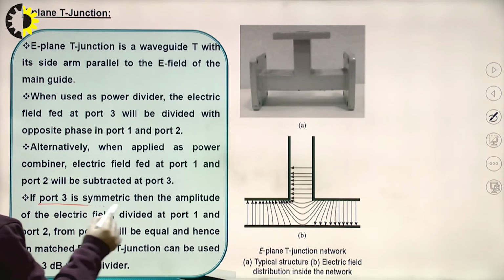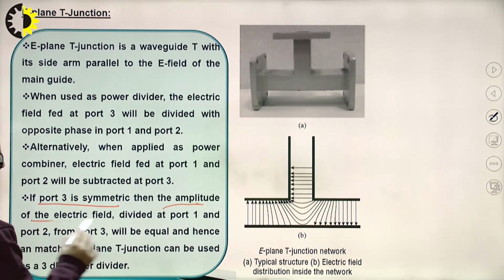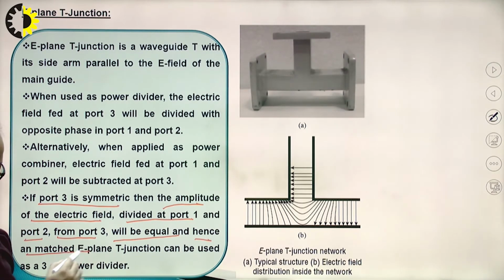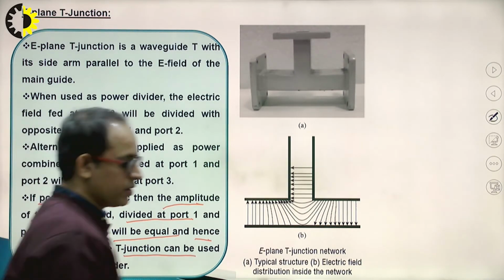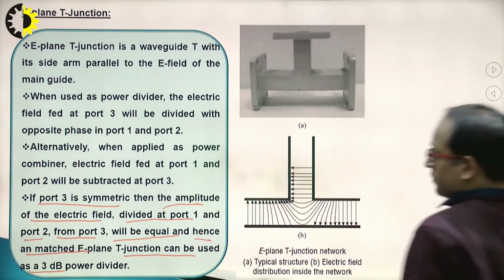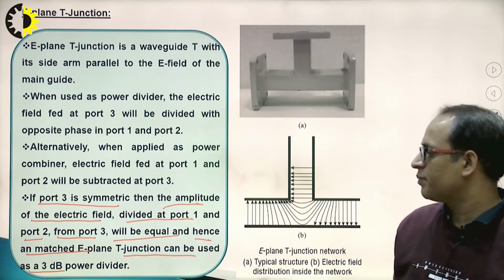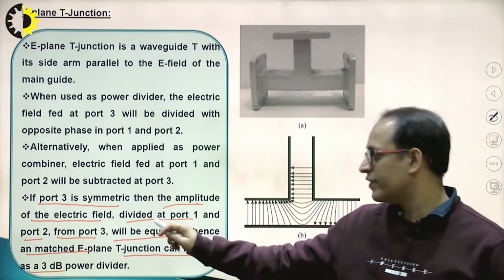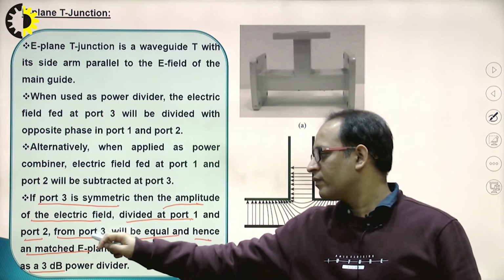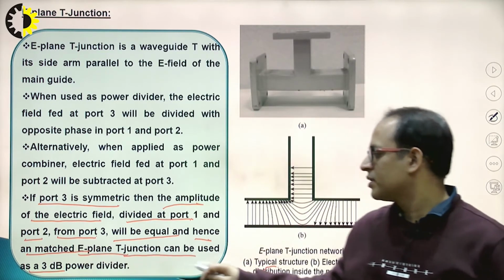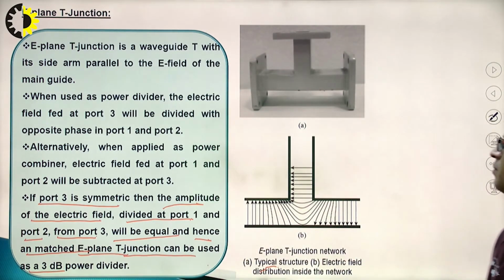If port number 3 is symmetric, then the amplitude of the electric field divided to port number 1 and port number 2 from port number 3 will be equal, and hence as a matched E plane T junction it can be used as a 3 dB power divider. What does it mean? If port number 3 is symmetric, the amplitude of the electric field divided to port number 1 and port number 2 from port number 3 will be equal, and hence as a matched E plane T it can be used as a 3 dB power divider.